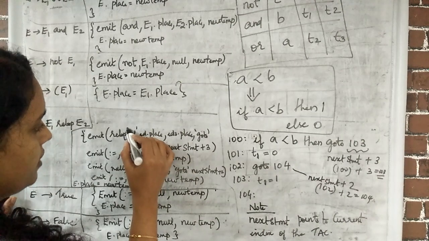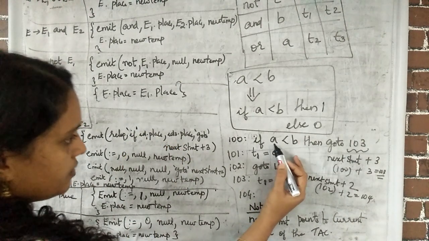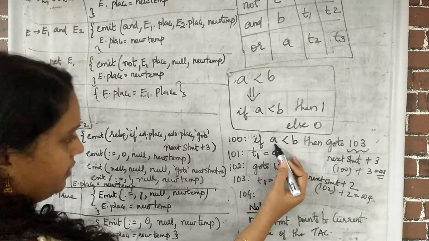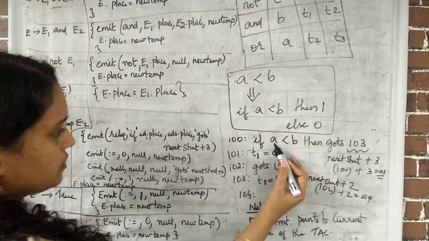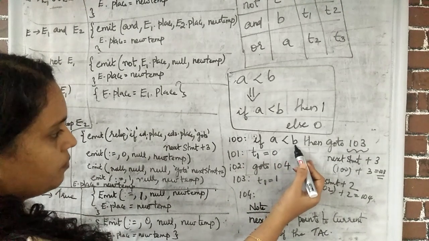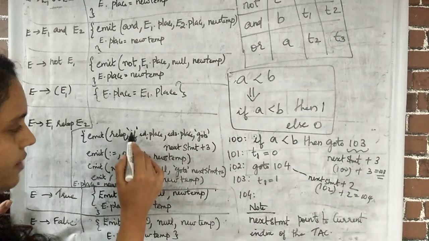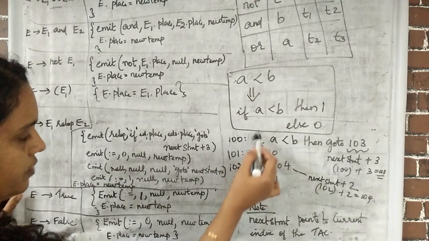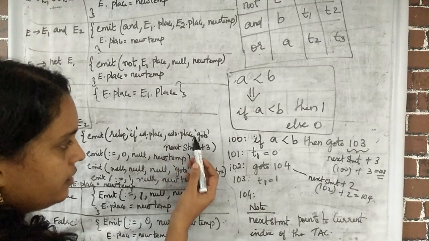So we have to label it with if, given in single quotes. This is the first identifier, ID1.place, whatever identifier is there in the first place, comma, second operand means ID2.place. Relop, comma, if is just a label; we need if over here: if ID1.place, comma, ID2.place.